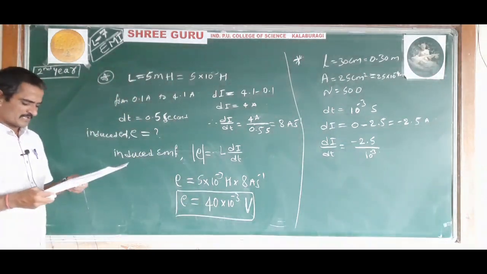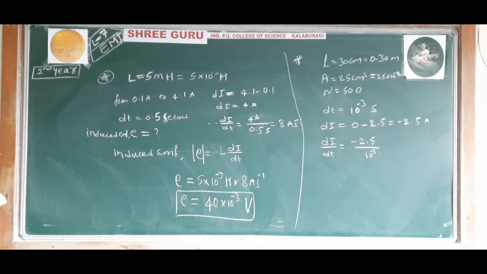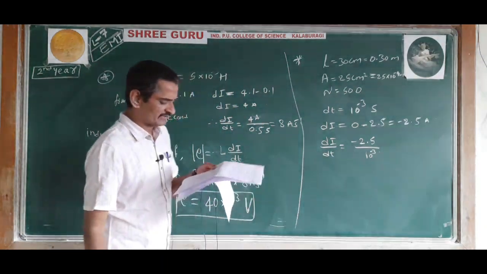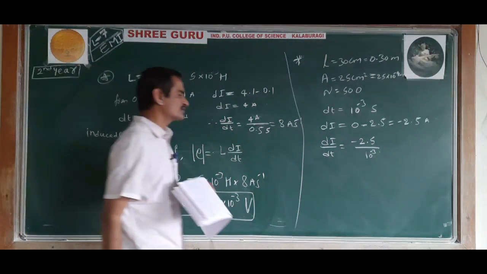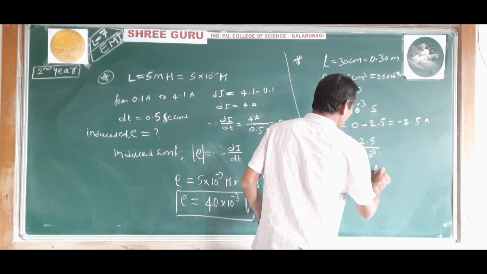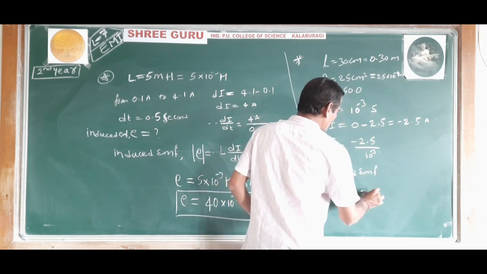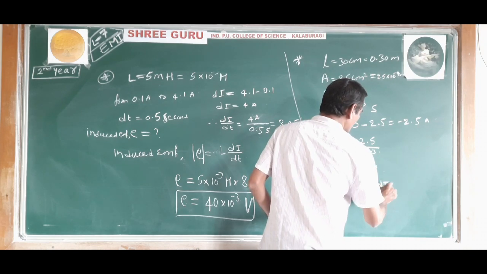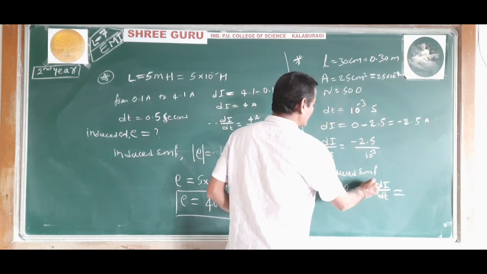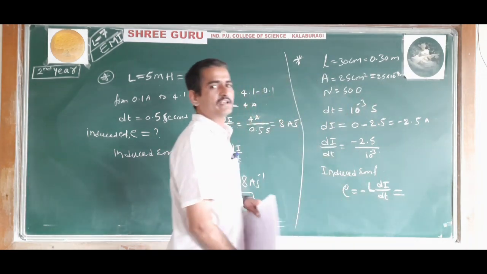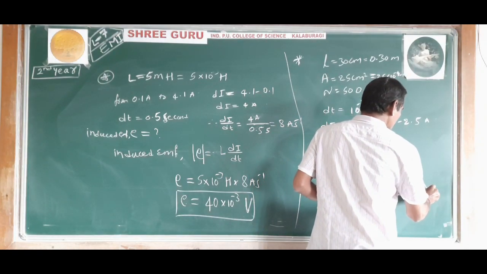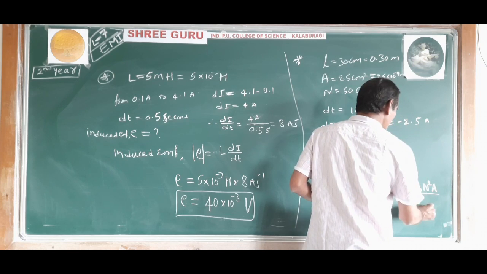What is the question? How much is the average back EMF induced across the ends of the open switch in the circuit? So back EMF is nothing but induced EMF. So induced EMF is given by E is equal to minus L di by dt, and this L is the self-inductance of the solenoid, which is given by mu naught N square A divided by l.